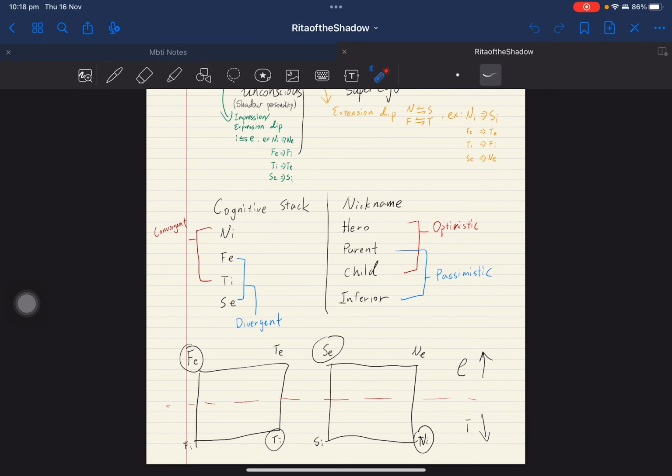And I also find different naming systems representing a similar concept, where CPT called it convergent versus divergent. The Jungian psychology calls it optimistic versus pessimistic.